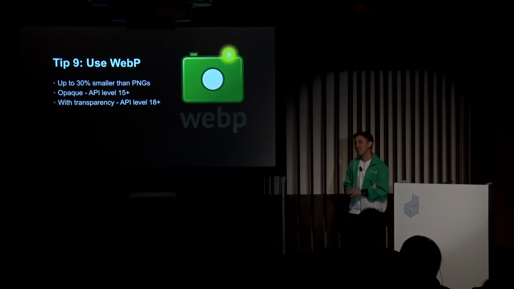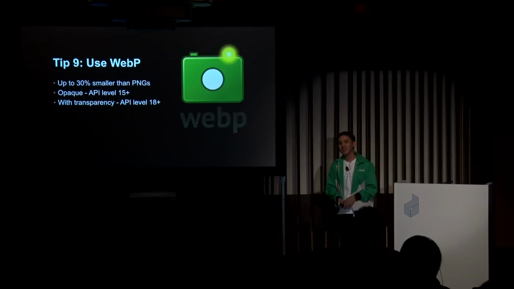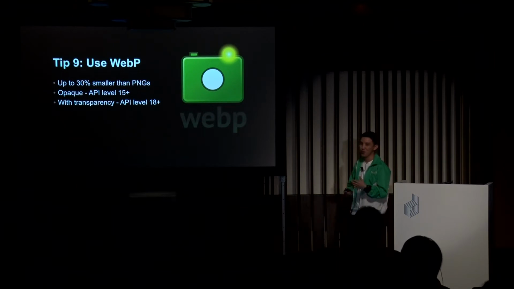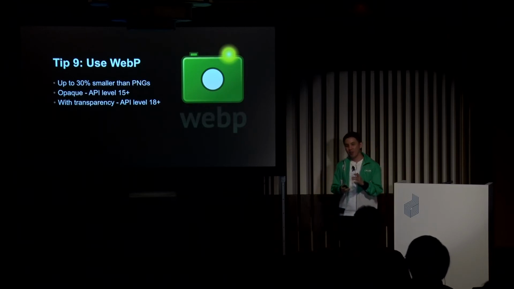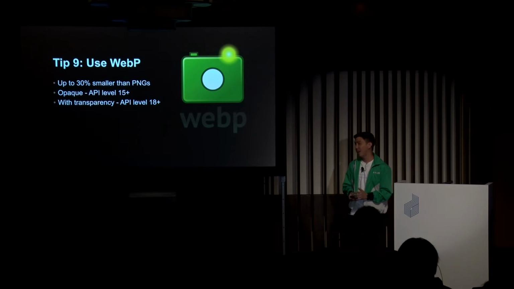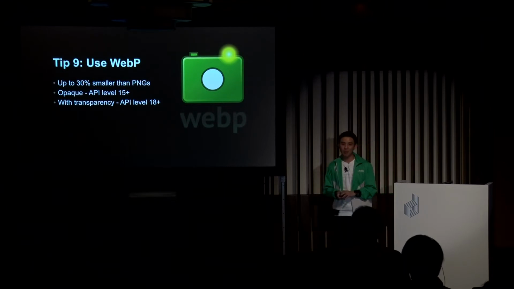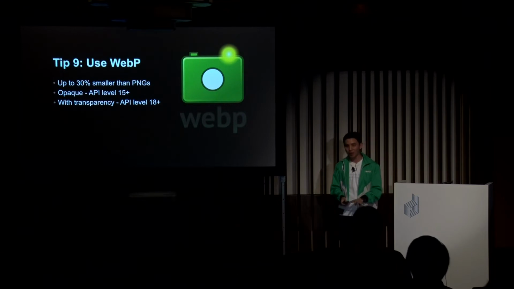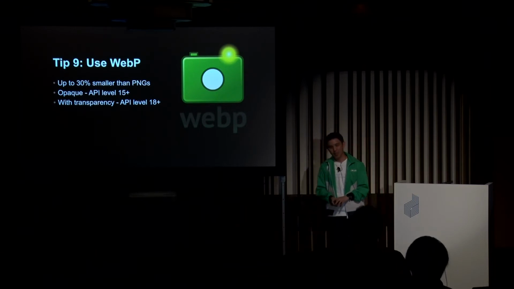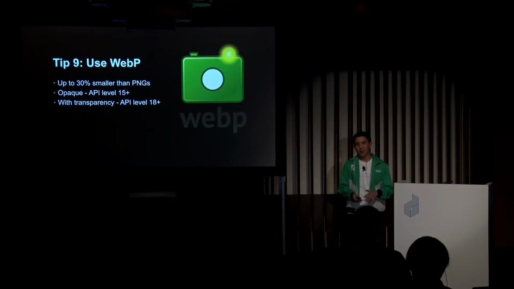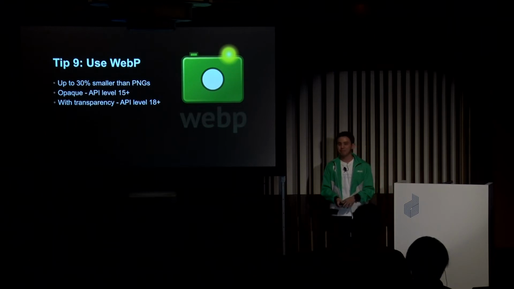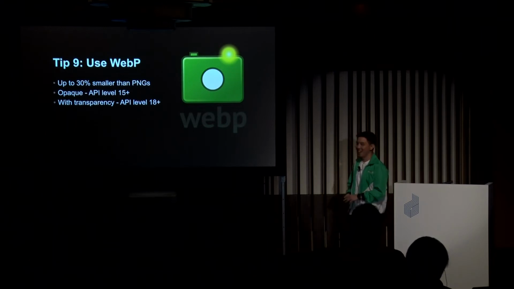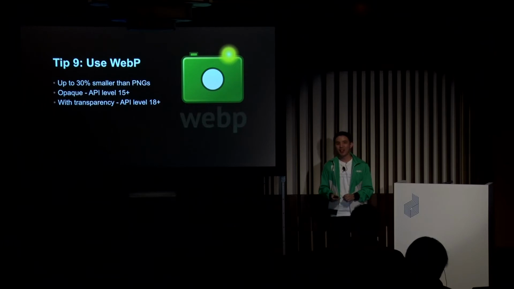And now, if the application you are working on supports a minimum SDK level 15 but lower than 18, WebP will support you only for opaque backgrounds. But if the Android API level that you support as the minimum SDK is 18 and above, you can get the benefit of transparency backgrounds.